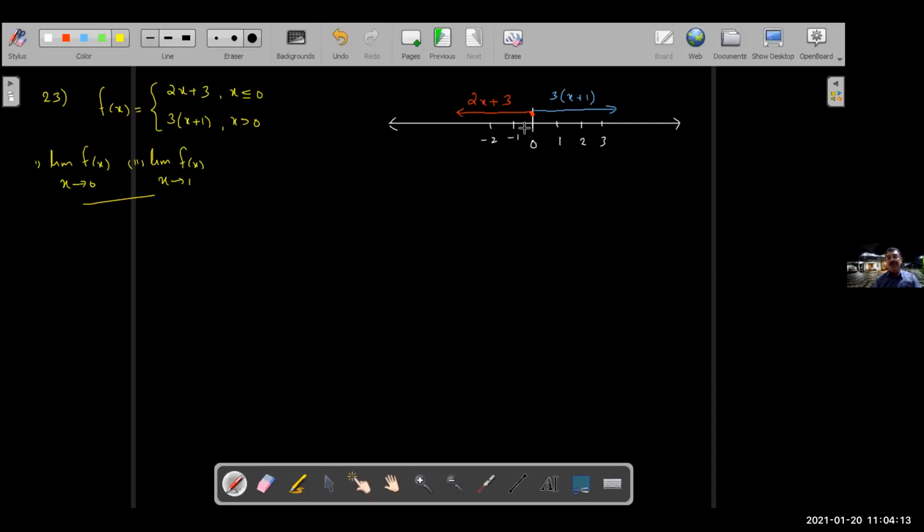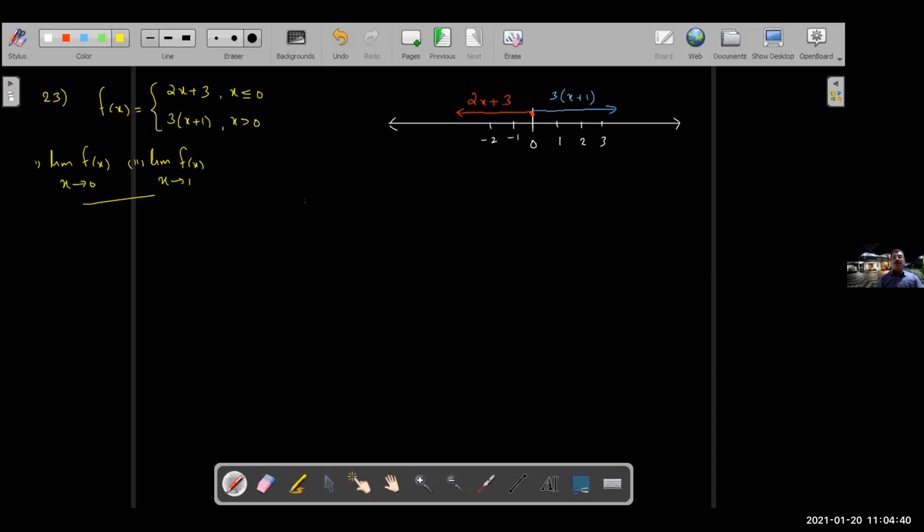But when we take the left side, you can see this function 2x plus 3, whereas towards right it is a different function, 3 into x plus 1. So while applying the limit, left side we take this function, right side we take this function. So at this partition point, we need to take left hand limit and right hand limit separately.